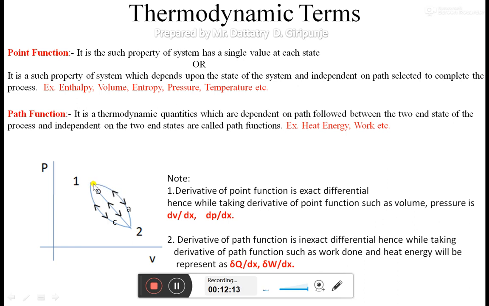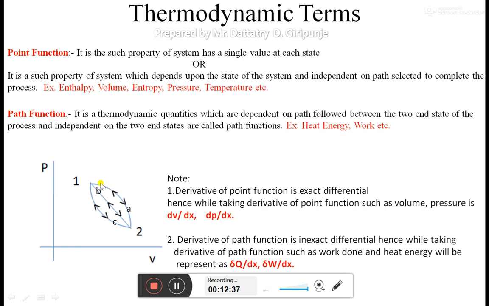For example, this is one state, this is another state, this is another state. So these are a number of microstates in between the initial and final state. But those states have an absolute value; each microstate has its absolute value.